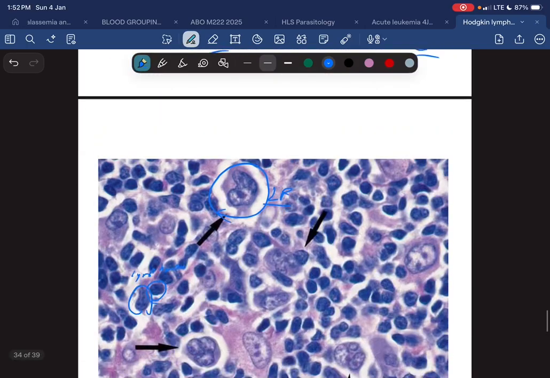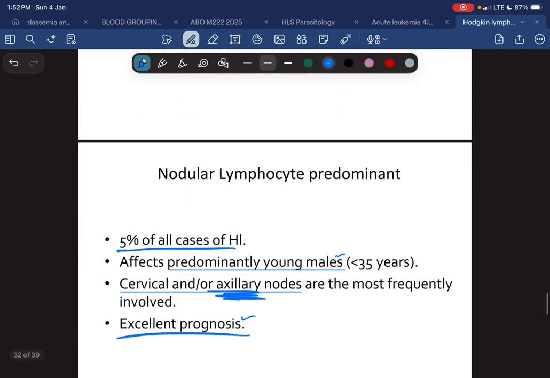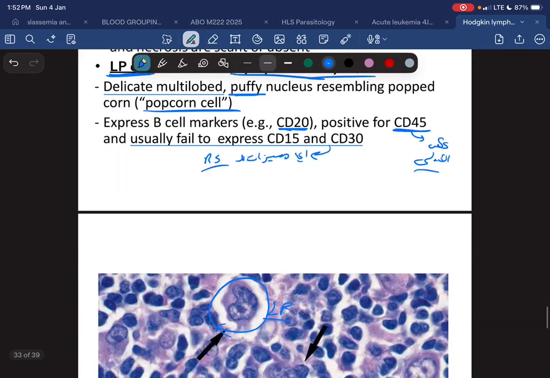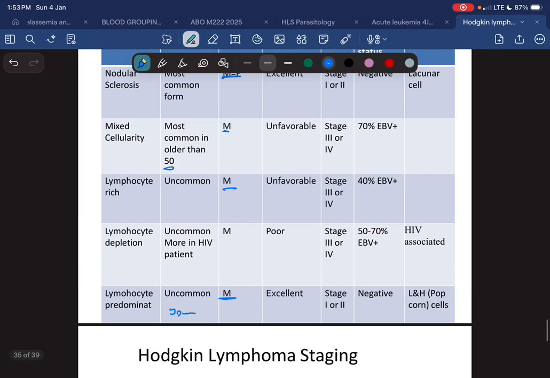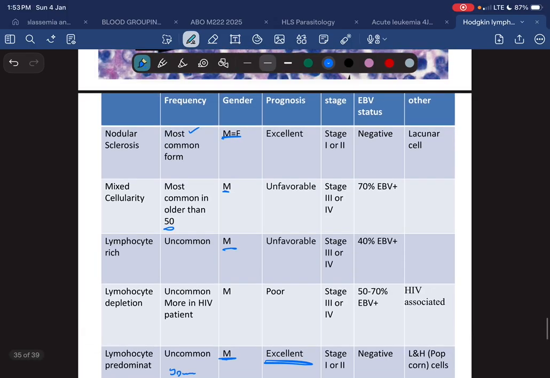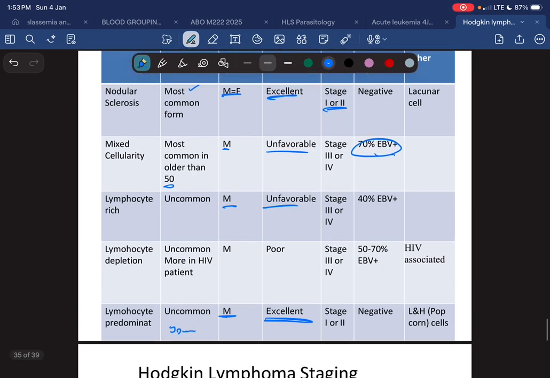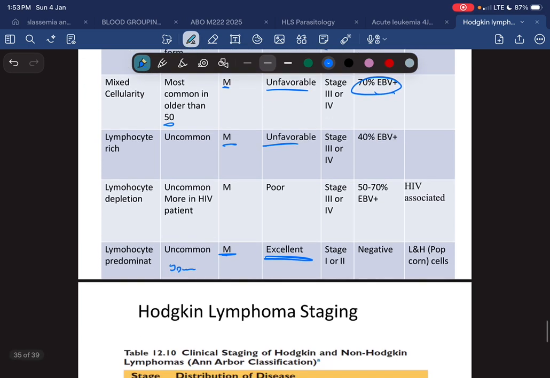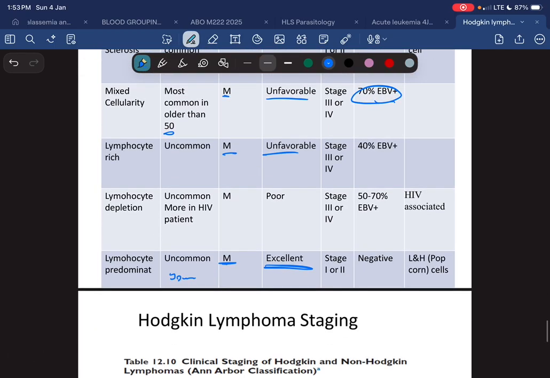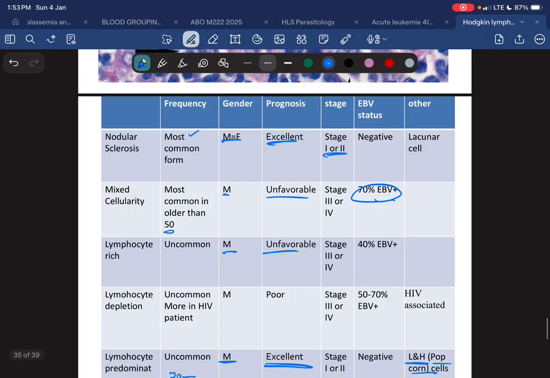Lymphocyte depleted, HIV associated, advanced stage, poor prognosis. Also here lymphocyte predominant, more in males, it is uncommon, only 5%, prognosis is excellent. Early stage. The type of neoplastic cells are called what? Popcorn cells, LH cells or LP cells.